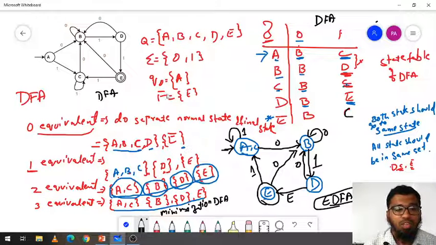Okay, so this is simple. This is a simple example. In the next class we will take another example and solve it with the method. Okay, hope you understand. Thank you very much.